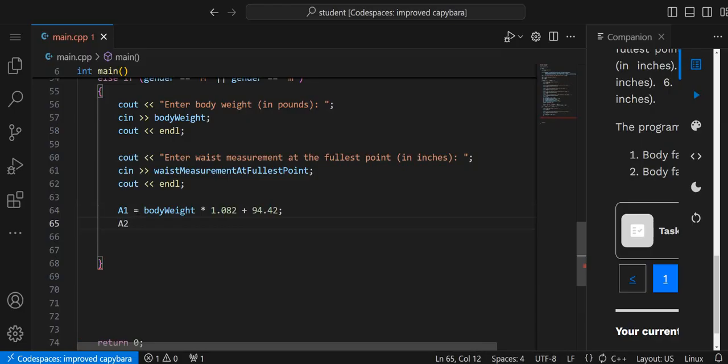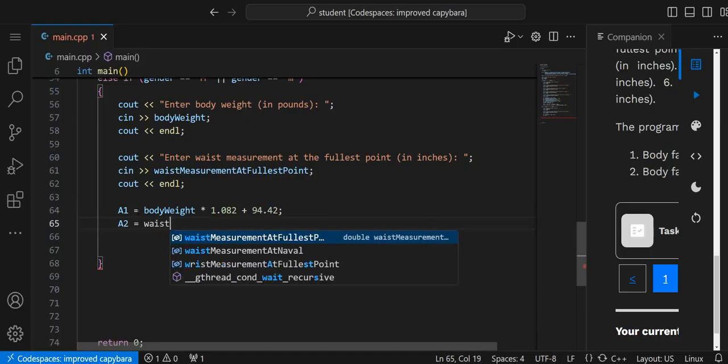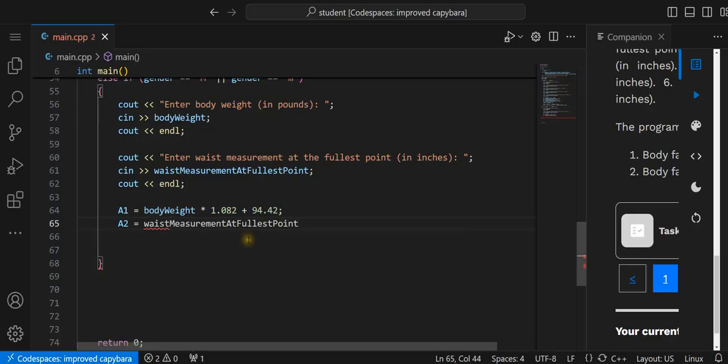A2 equals waist measurement at fullest point times 4.15.